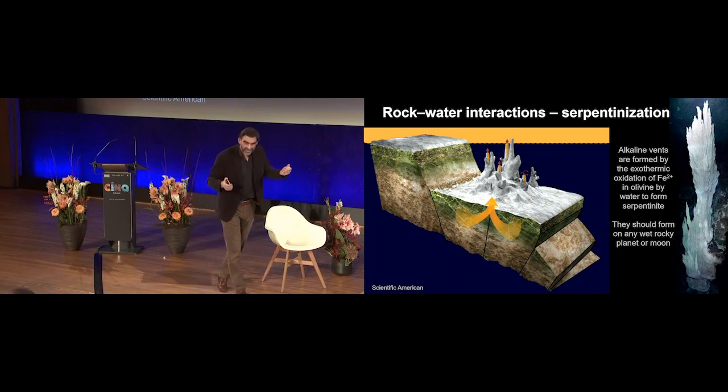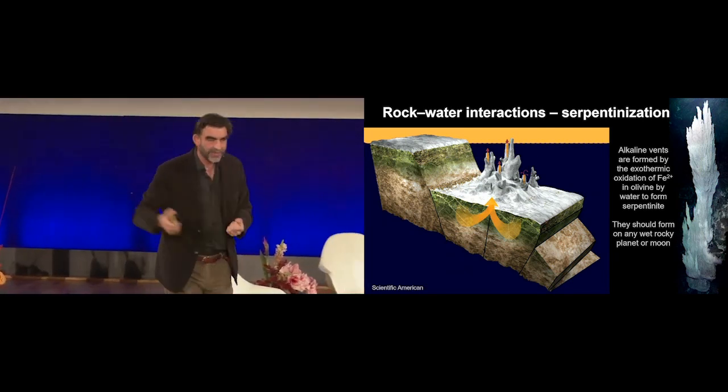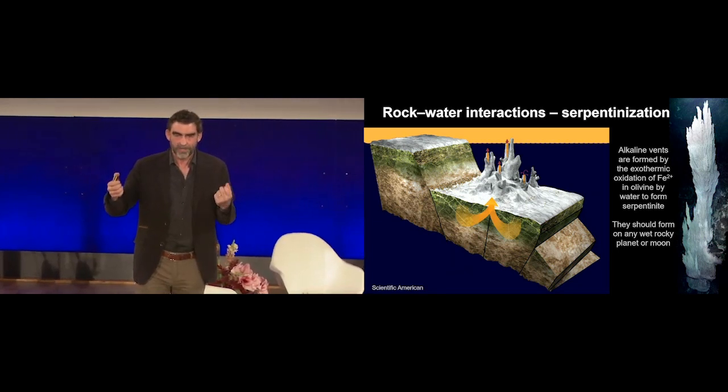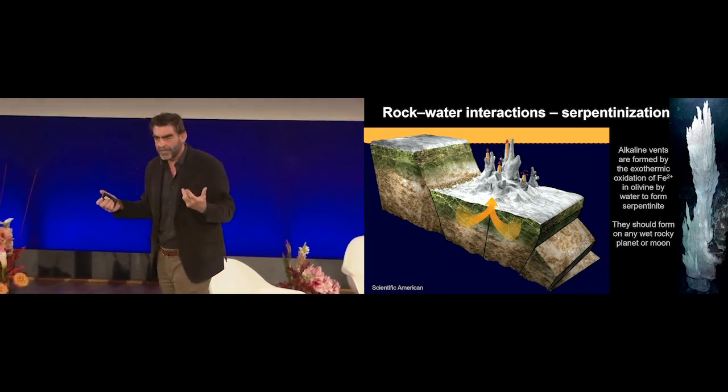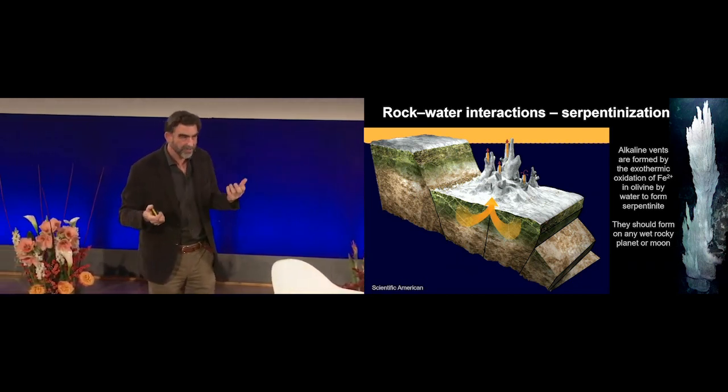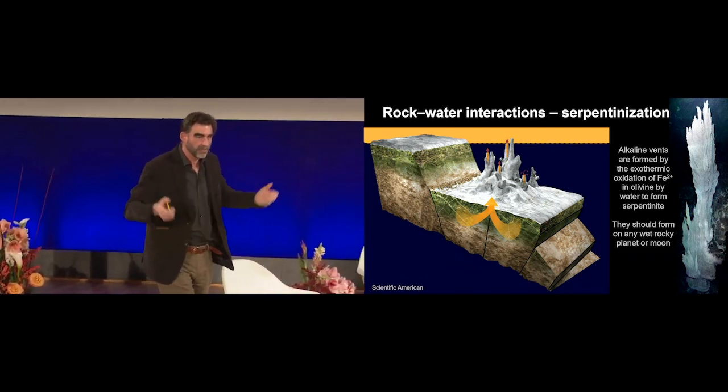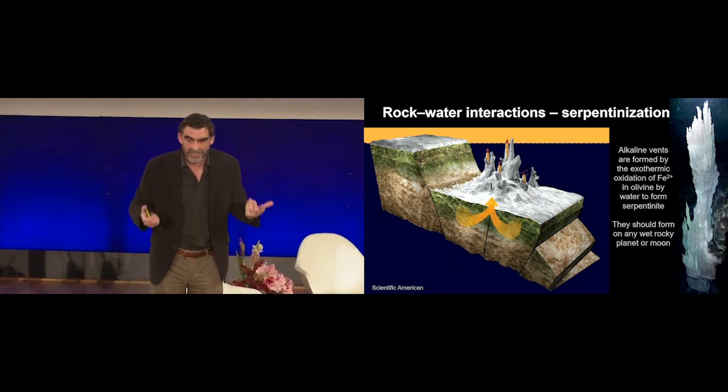There's ferrous iron, non-oxidized iron, if you like, in the olivine, and it's oxidized by the water to rust, more or less. That gives off hydrogen gas in large amounts and alkaline fluids. When I say alkaline, it's about pH 11 very often. So this is like caustic soda bubbling with hydrogen gas, pretty reactive stuff.